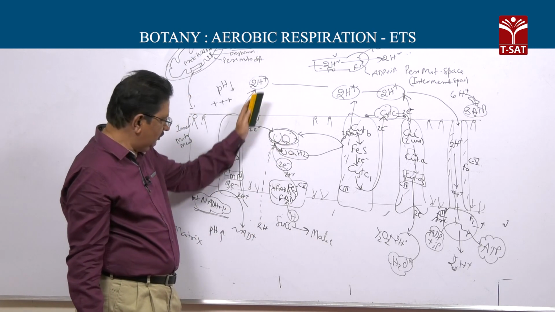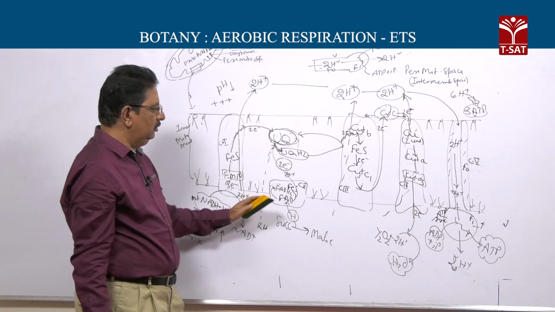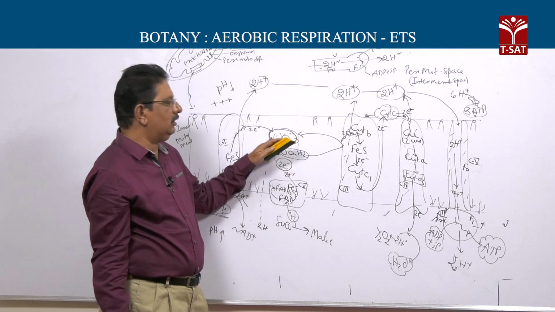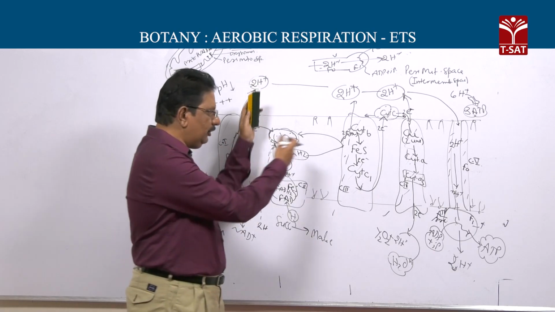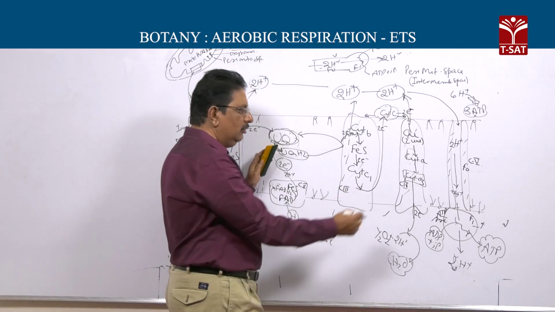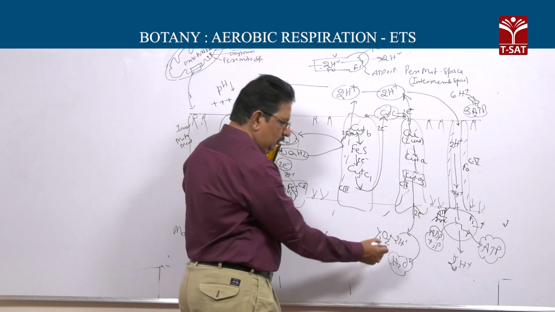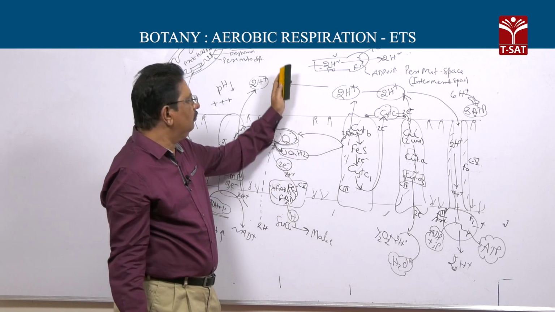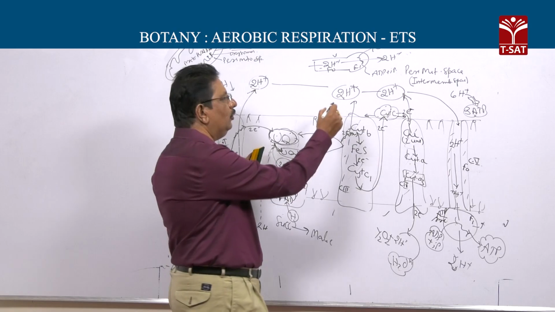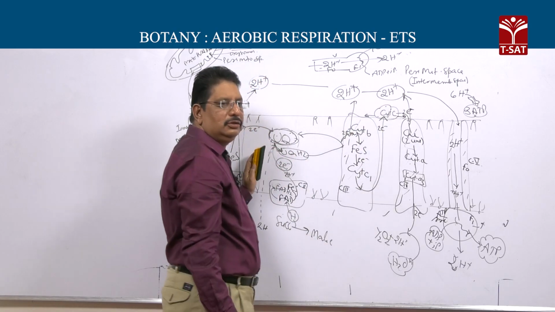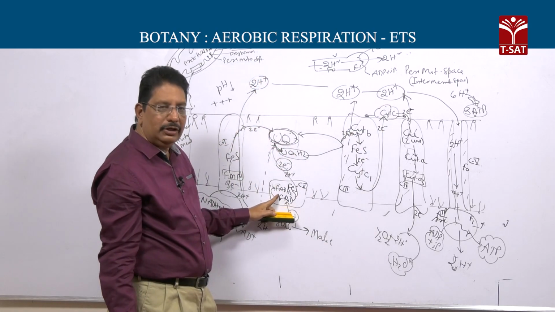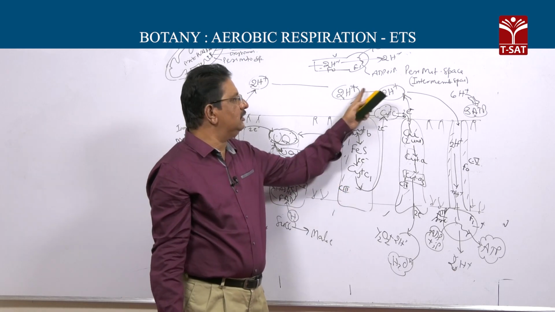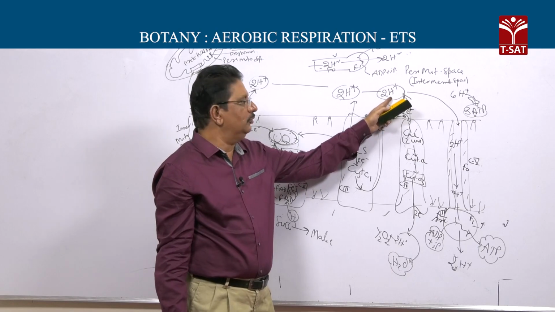So bypassing complex 1, FADH2 is oxidized by donating electrons to ubiquinone, from there to complex 3, from there to complex 4, finally to oxygen. If this is the line, you will see only 4 protons are accumulated. So oxidation of a mitochondrial FADH2 through ETS results in 4 proton accumulation.